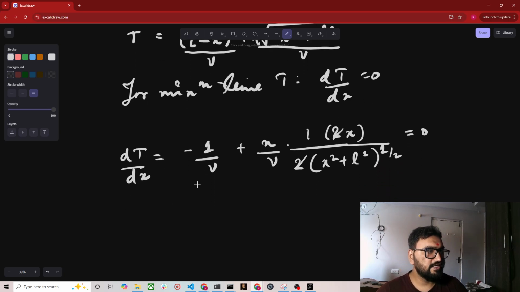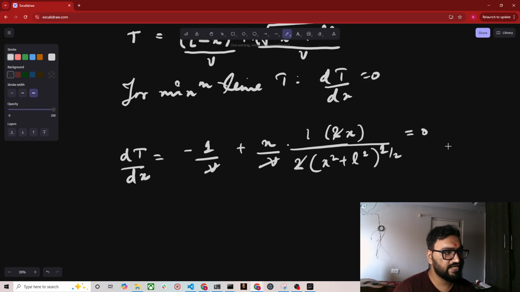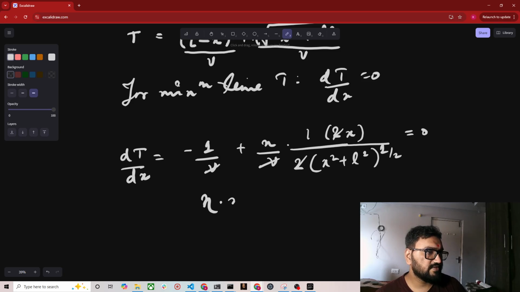Essentially, I can cancel off this v as well, because if I move it to the RHS, v gets multiplied by 0 and we can cancel that off. So we get eta times x divided by x square plus L square to the power 1 by 2 equal to 1.